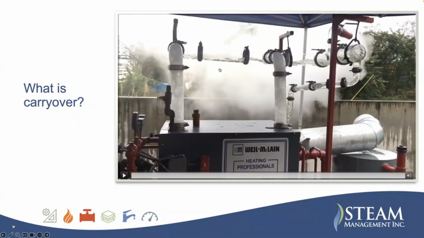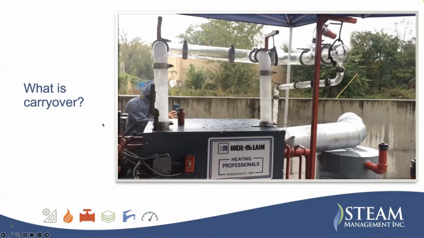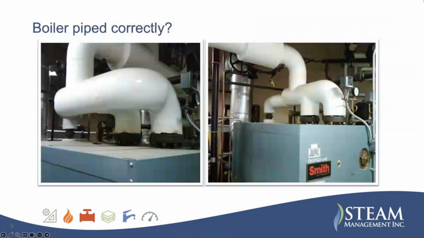It's got a 24-inch riser above here, and on this particular one, they had one boiler pipe like this and the other boiler pipe like this. Why did they use the extra fittings on here? Well, this is a swing joint. When steam piping is connected to a cast iron boiler, they expand at different rates, right?